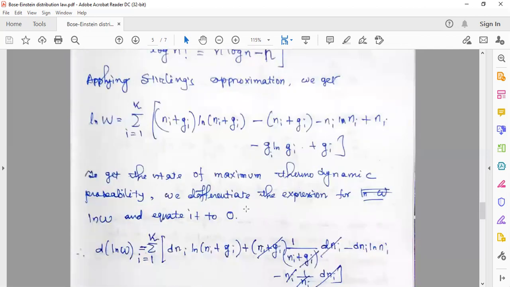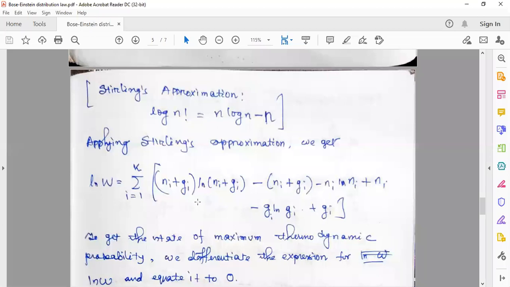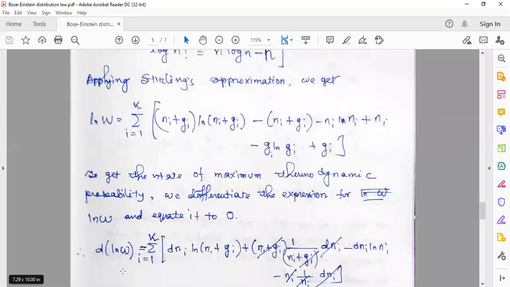So this is something like what we get. And what next? You see here, if you do this simplification further, this ni is minus and this ni is plus, so they get cancelled. This gi will be minus if you break it, so this gi and this gi will get cancelled.